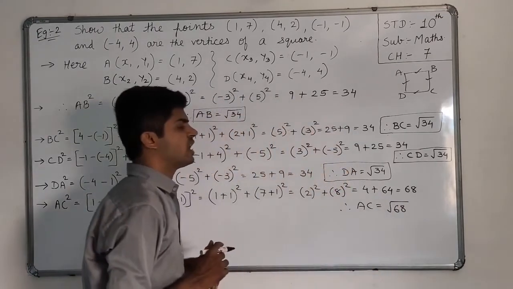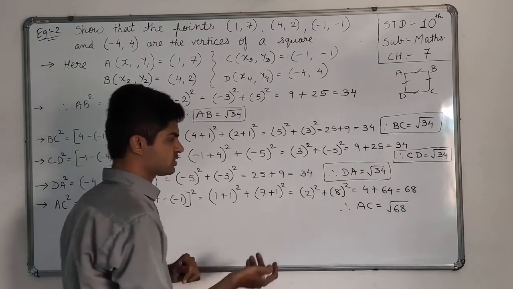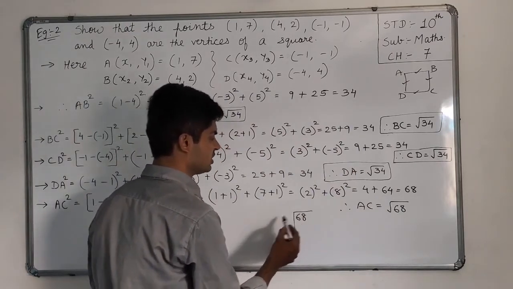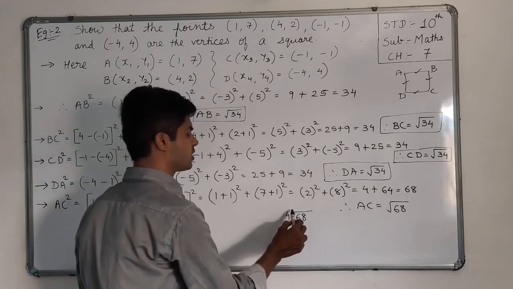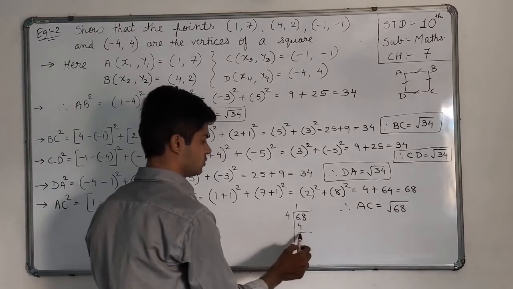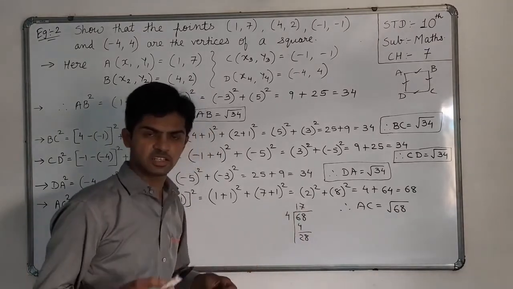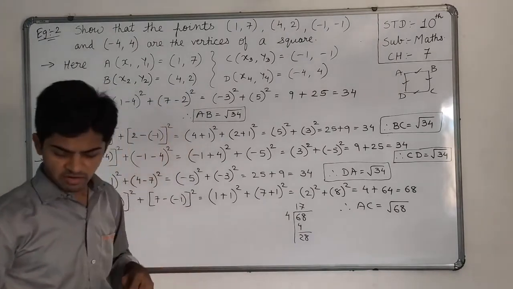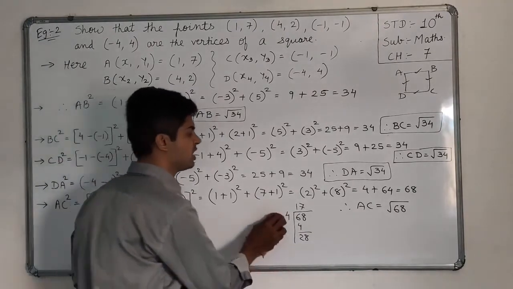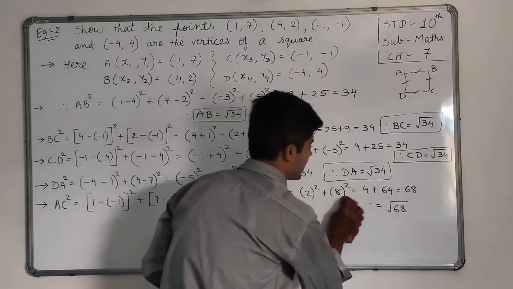68 का रूट पॉसिबल है कि नहीं है? Okay, let us find whether it is possible or not. 68 को 4 से डिवाइड कर लो, 4 1जा 4, 2 and 8, okay, 17 4जा 68. सिंपल राइट, 17 4जा 68 आता है, उसमें 4 का स्क्वायर रूट पॉसिबल है और 17 का नहीं है, तो यहाँ पे हम क्या लिखेंगे.